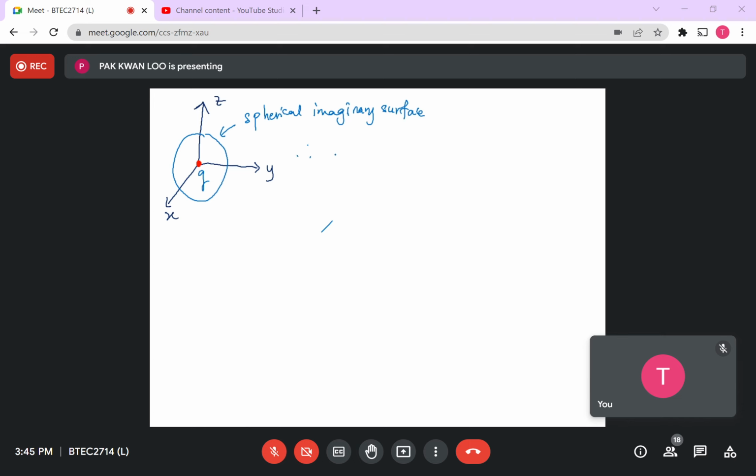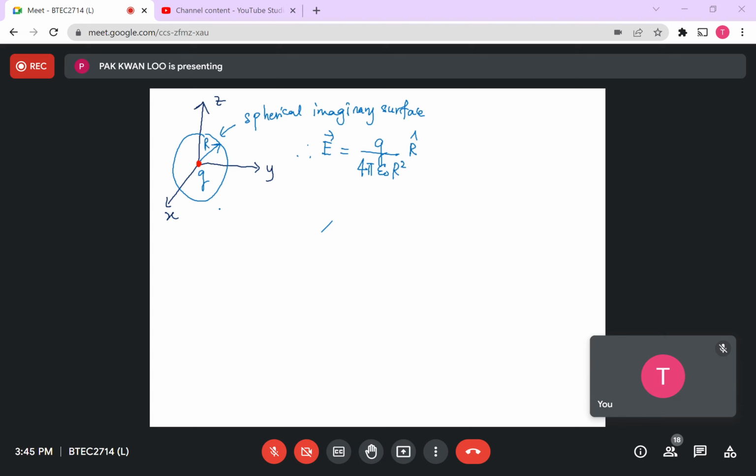Therefore, we want to measure the divergence now. We know that the electric field coming out from a point charge is equal to Q divided by 4 pi epsilon naught r squared, in the direction of r cap. Imagine the imaginary spherical surface enclosing this point charge, having a radius r as well.